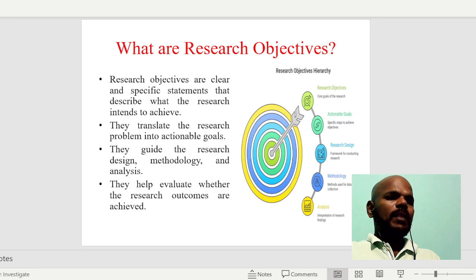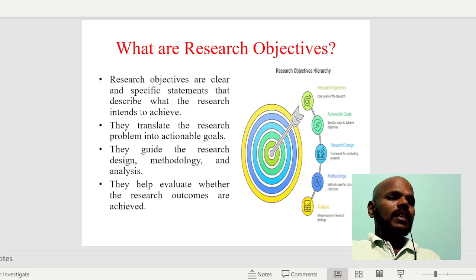We can say simply, it is one clear, precise statement of what the research wants to do. It will translate the research problem into actionable goals. We will discuss this just now.